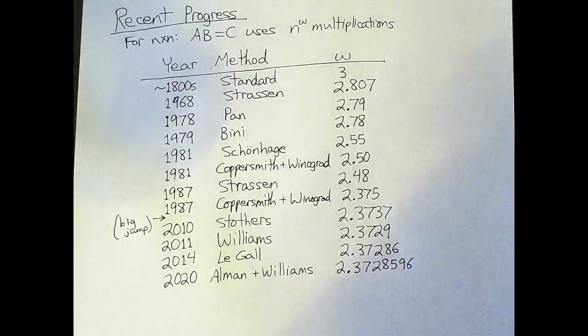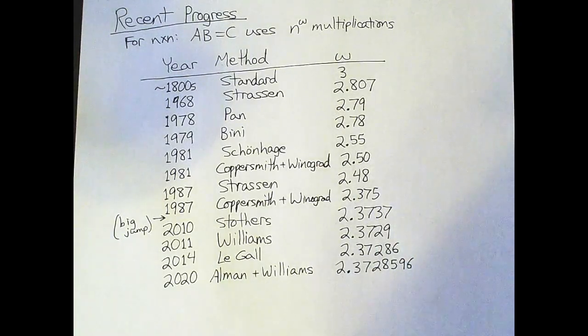Now, I should tell you, some of these algorithms are not very practical due to a very large number of additions or subtractions, or due to a very large amount of computer memory needed during the algorithm.